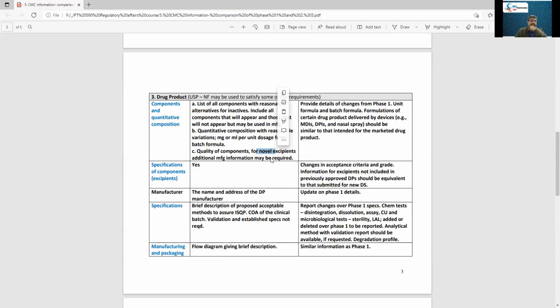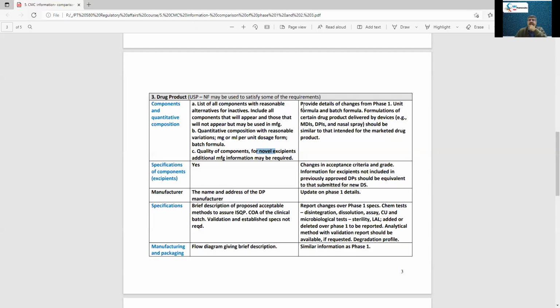In fact, it is interesting that for a new excipient, safety information to the same extent as is generated for a new chemical entity needs to be provided. So this is a different part, that for the novel components or novel excipients, additional manufacturing information may be required.